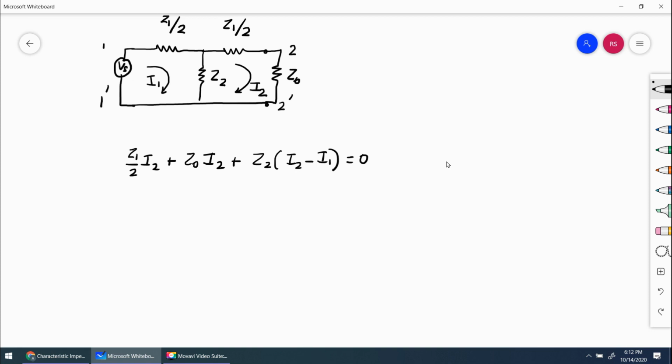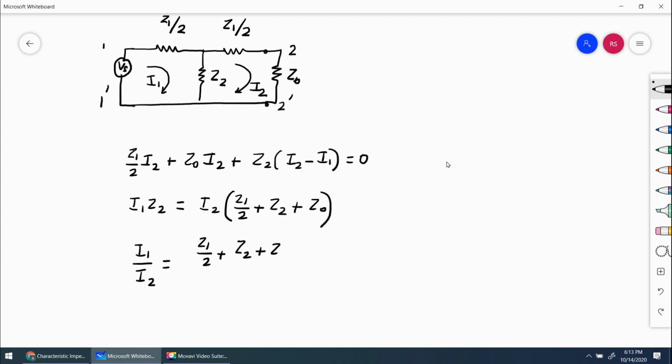Then taking I1 Z2 to the other side, I can write I1 Z2 is equal to I2 times Z1 by 2 plus Z2 plus Z0, or I can write I1 by I2, which is equal to Z1 by 2 plus Z2 plus Z0, whole divided by Z2, which is equal to e to the gamma.